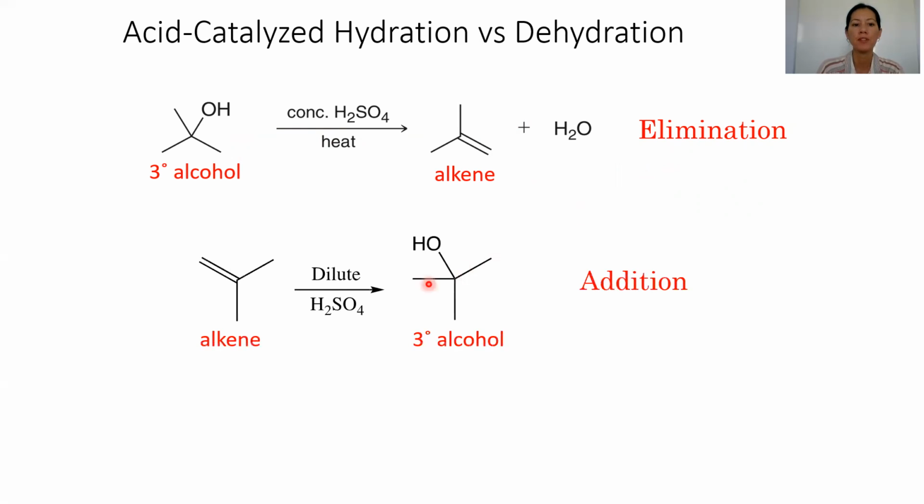Or you could do the opposite, take an alkene, treat it with dilute H2SO4, and you could generate your tertiary alcohol in the addition reaction. Be able to do both. One of the key things to help you in this chapter and future chapters is really pay attention to the reagents that are used to produce a certain type of compound.